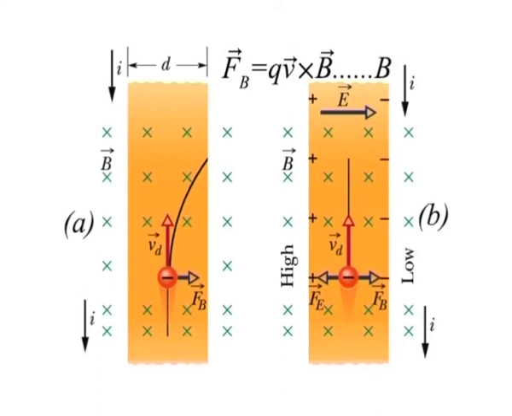The separation of positive charges on the left edge and negative charges on the right edge produces an electric field within the strip, pointing from left to right as shown in figure B. This field exerts an electric force on each electron, tending to push it to the left. Thus, this electric force on the electrons, which opposes the magnetic force on them, begins to build up.